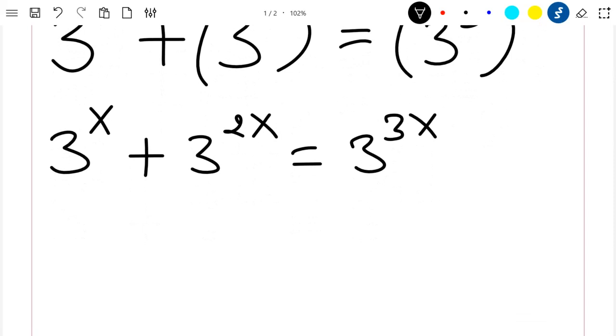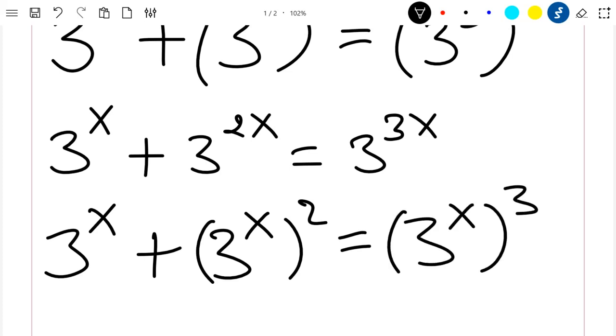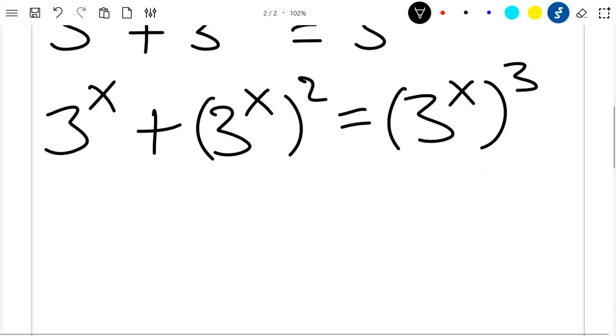It follows that I can still have 3^x + (3^x)^2, which is just the property of the powers, equal to (3^x)^3.